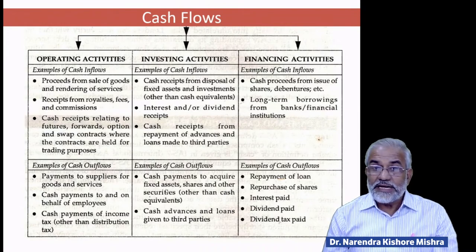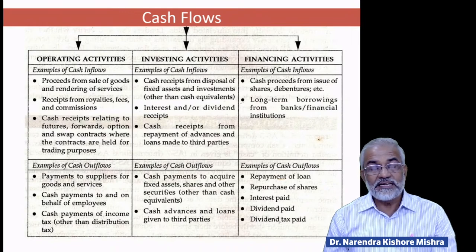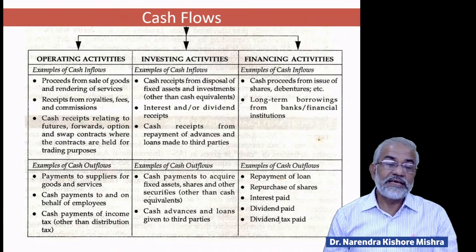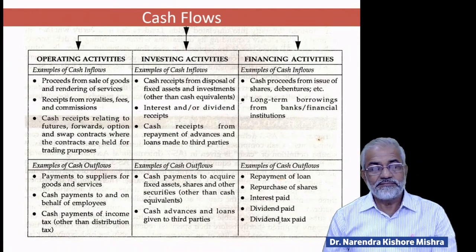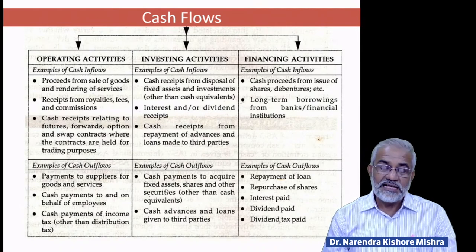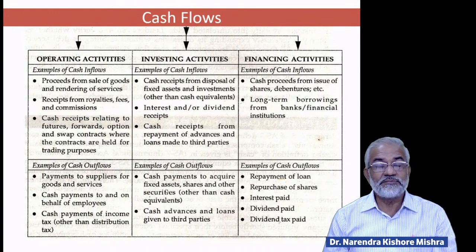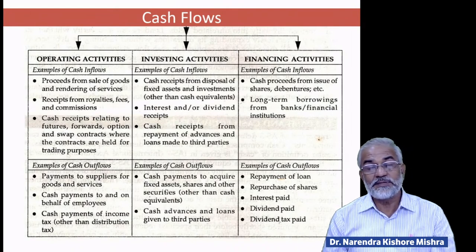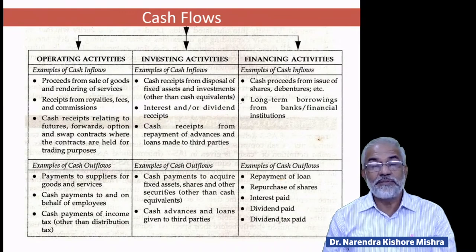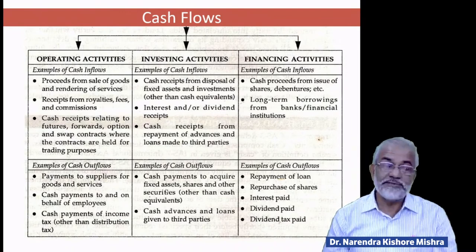While preparing the cash flow from operating activities in the direct method, we can take all the items of revenues into account, and all the items of expenses into account, instead of taking the net profit or the net result of the profit and loss account as the basis for preparation of the cash flow statement. All the individual items of incomes and expenses are taken into consideration, and that is called the direct method for preparation of the cash flow statement under operating activities.